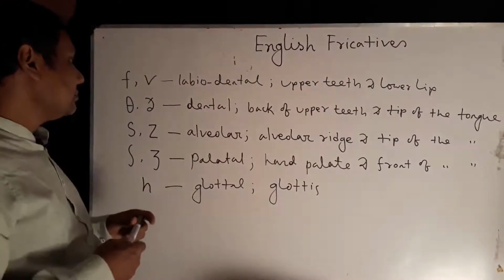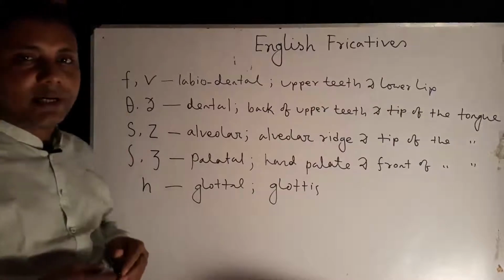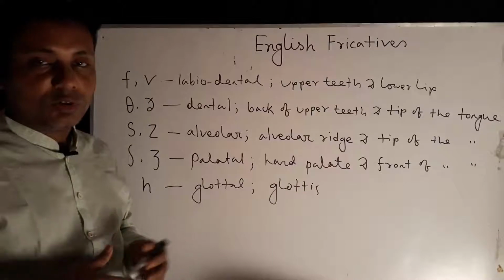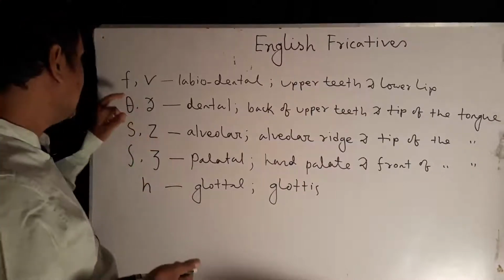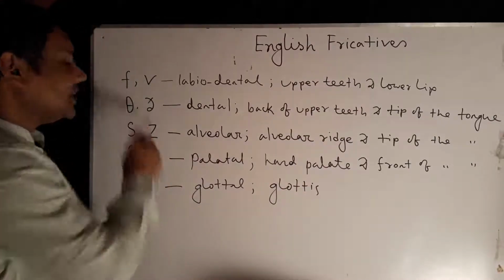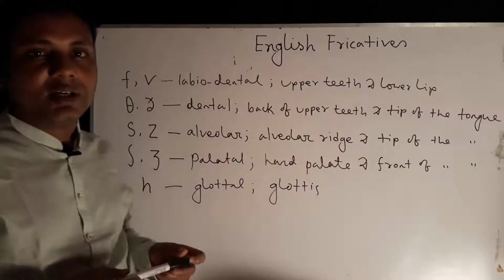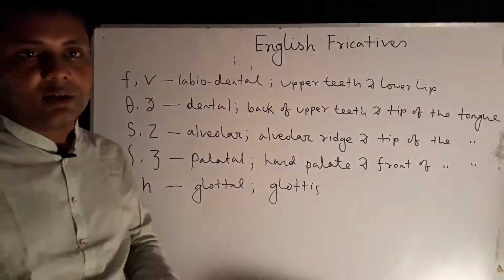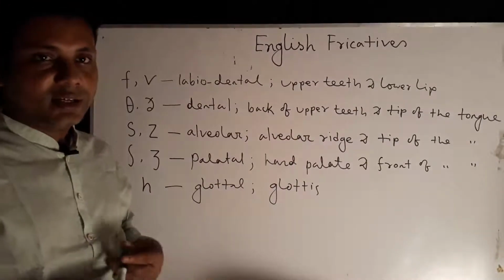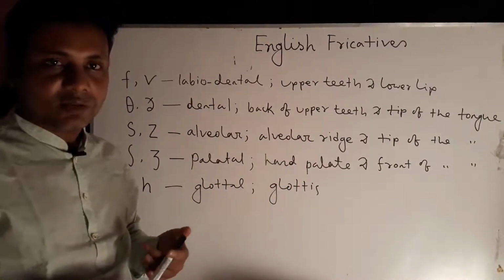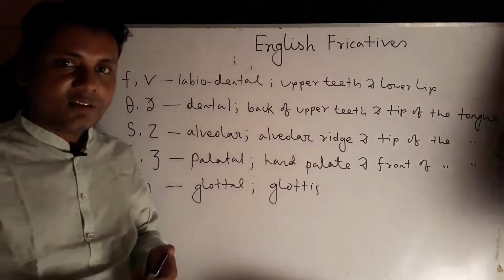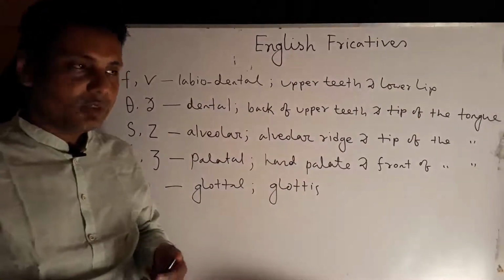And learners from Chattogram background or Noakhali background, of course, do not find difficulty in pronouncing this fa sound, because in our Chattogram language or in Noakhali language, there is a labiodental fa sound. But in standard Bangla, there is no labiodental fa sound.